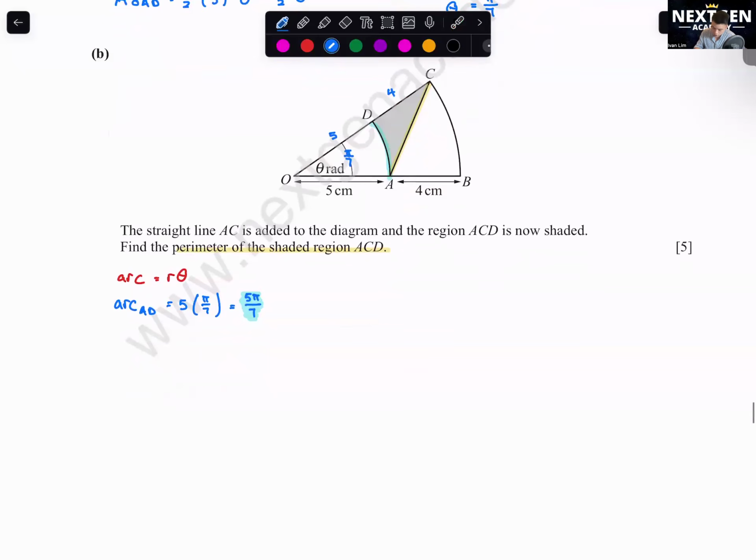I want you all to draw this out first, so that it's easy for you to read. We can use this one, OCA. This is 9, 5, and pi over 7.